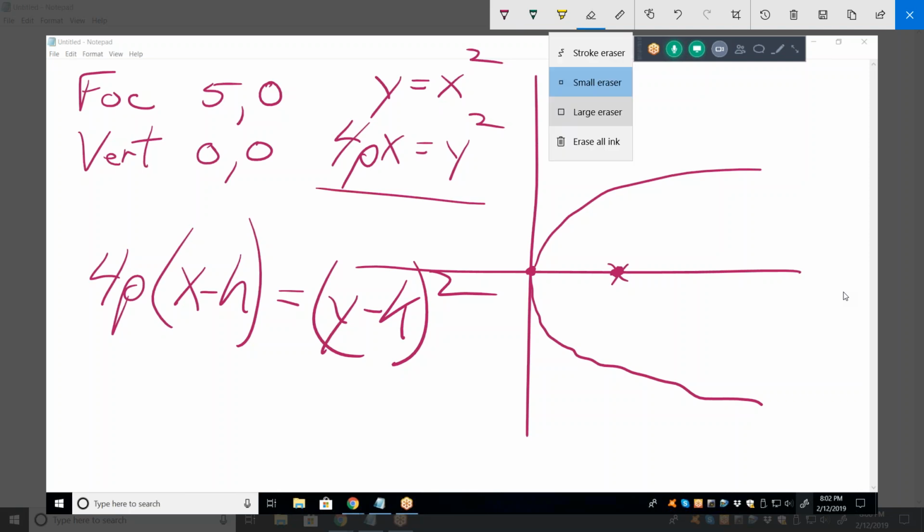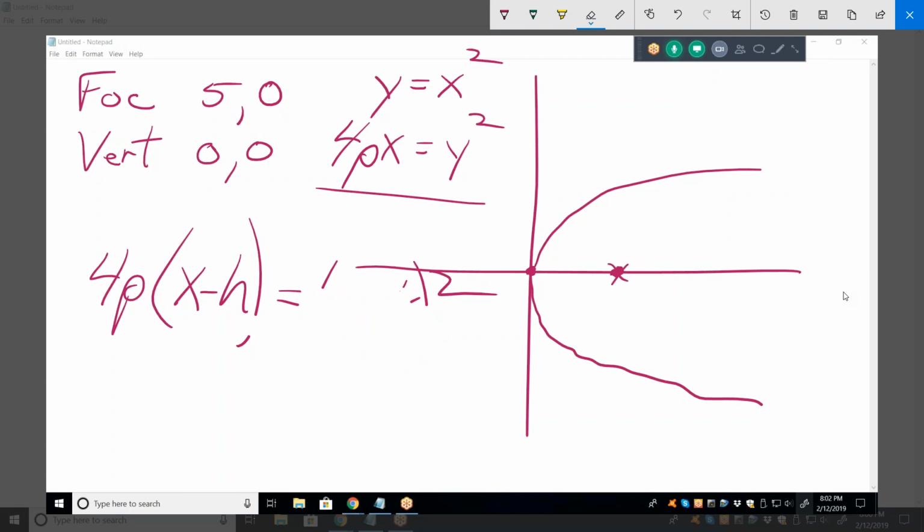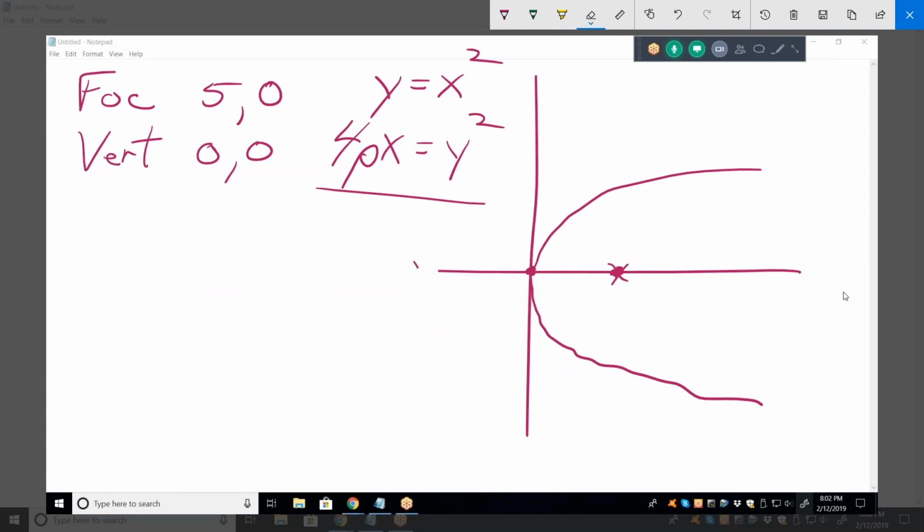So we know what p is. What's p? 5. So 20x equals y squared is the answer to that question.